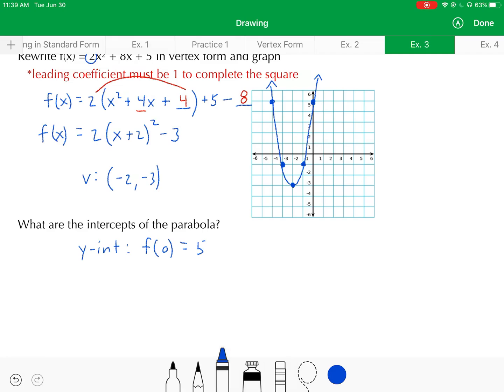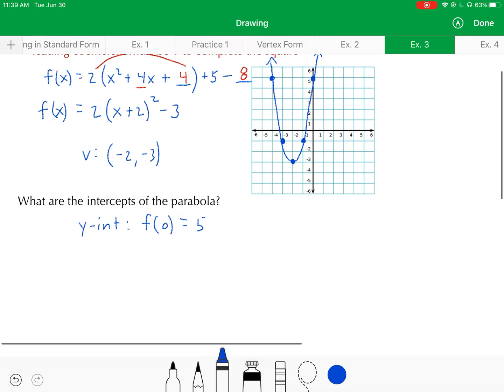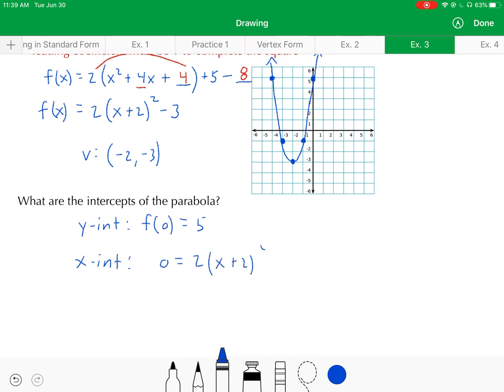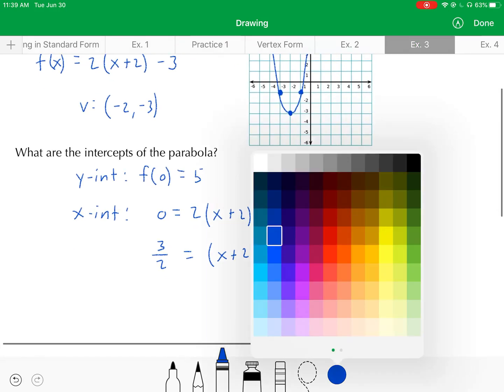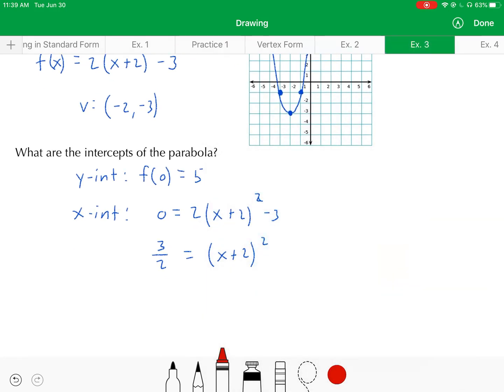X-intercepts not so easy to find this time, just by looking at the graph. Okay, so here's how I would do it with the standard or the vertex form. I would set the vertex form equal to 0. I would add 3 and divide by 2. That'll take me to 3 halves equals x plus 2 squared. Then I would square root both sides.